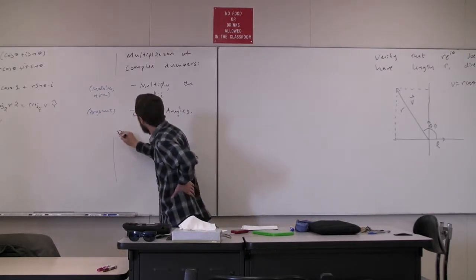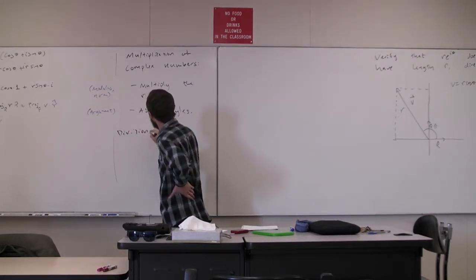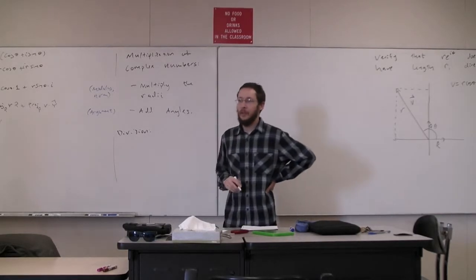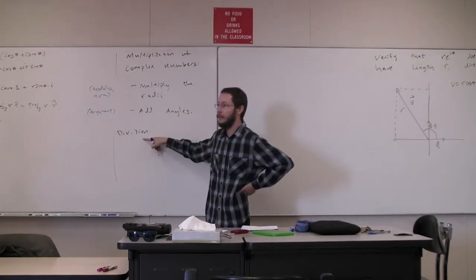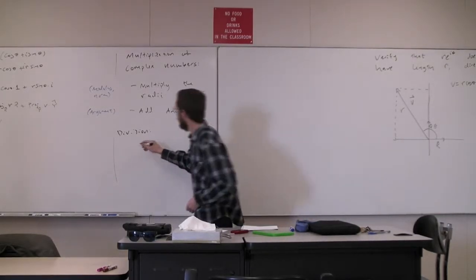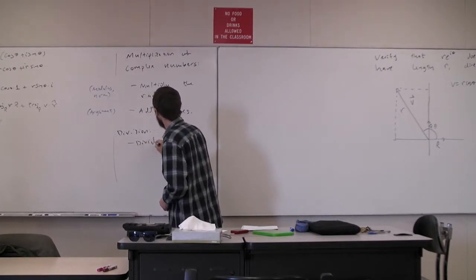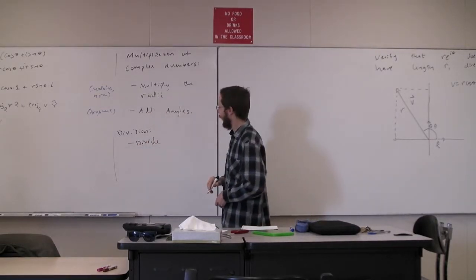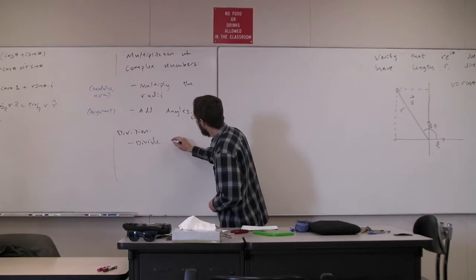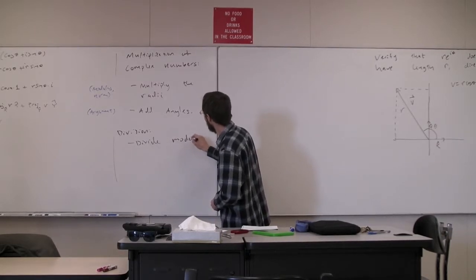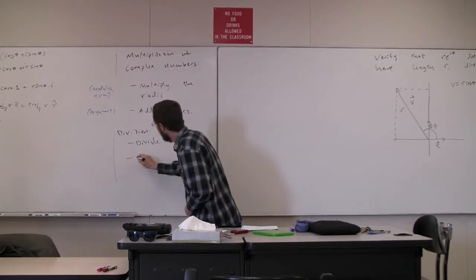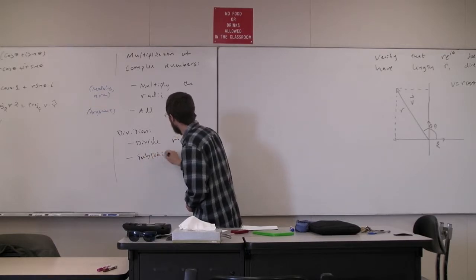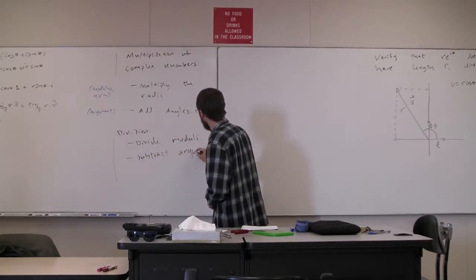Division, as you might guess, consists of divide the radii and subtract the angles. Let me try out our new terminology here. Divide the moduli, and subtract the arguments.